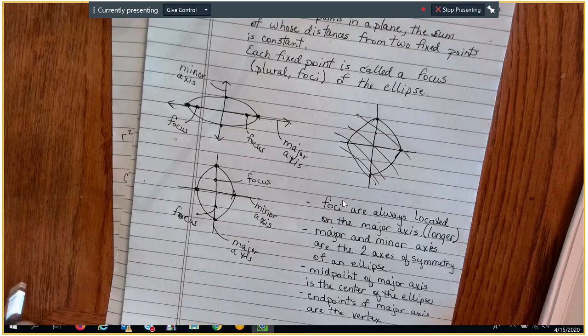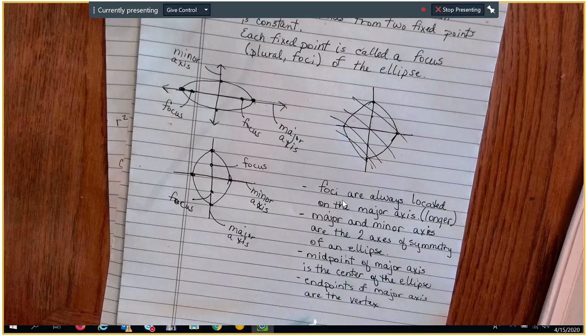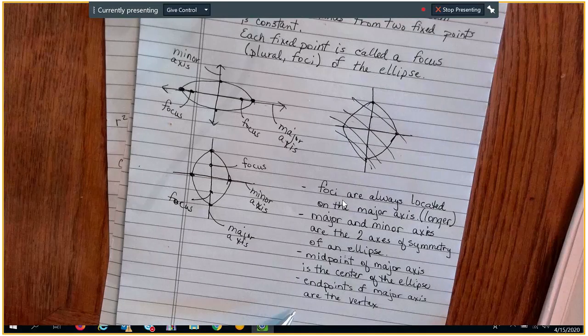The endpoints of the major axis are the vertices.